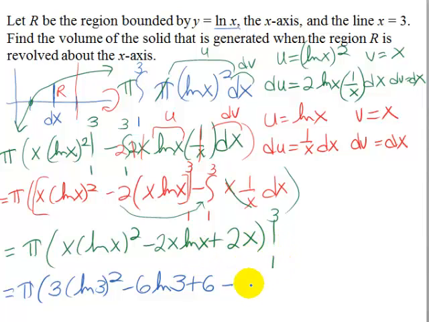So the only thing we will have here is the 2, and we put a 1 in right here. So our final answer in exact form will simply be pi multiplied by 3 times the natural log of 3 squared minus 6 times the natural log of 3 plus 4.